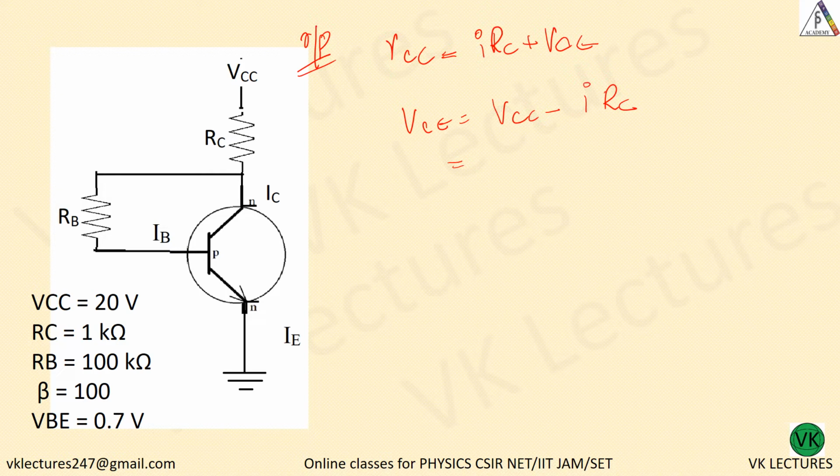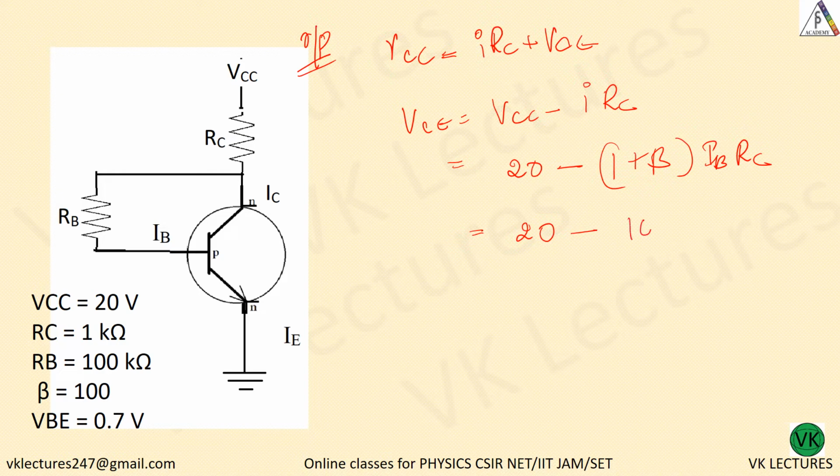VCC equal to 20 minus 1 plus beta into IB into RC. So what is that? 20 minus, this we can approximate it to IC, right? IC, that is 9.65 milliampere.